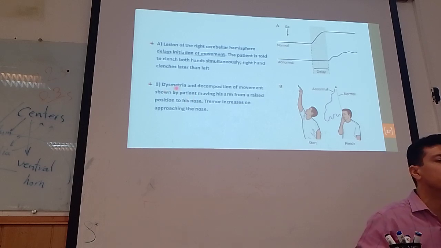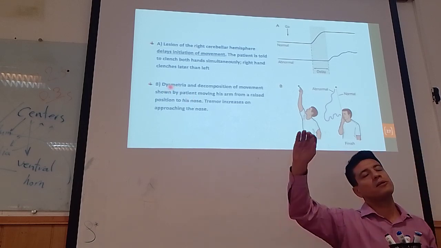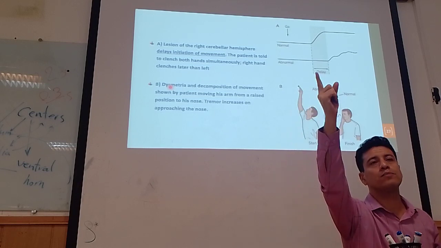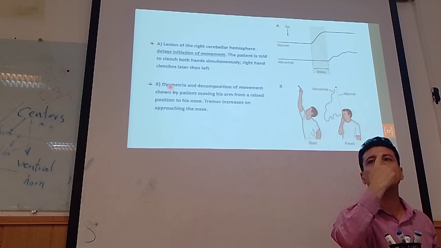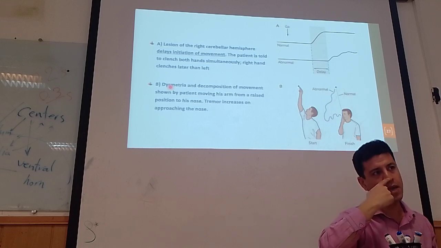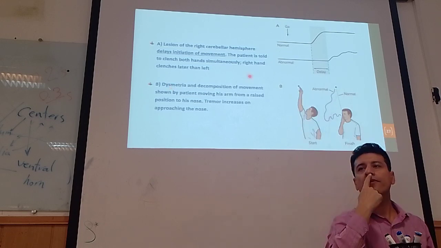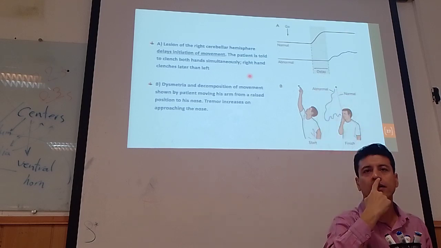Another condition is asymmetry. So you will have the finger to nose test. You ask the person to put the tip of the finger to the nose. In a normal situation, there is a direct pathway from here to here.